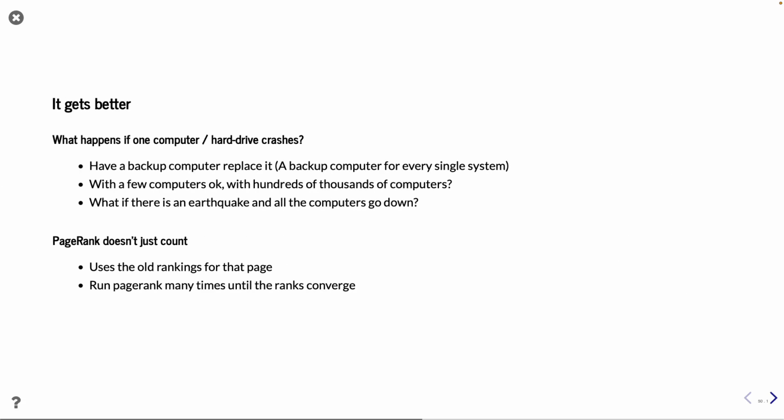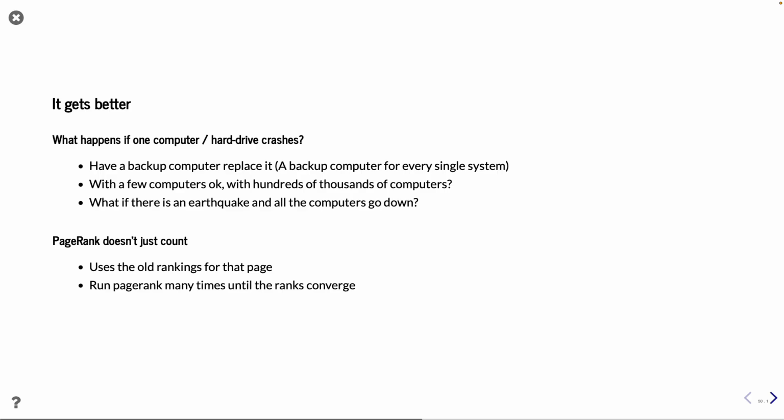So what they do instead, what gets even worse, is that we have again the failure problem, that if one computer or hard drive crashes, then you need to have computers to back it up, but you cannot have full redundancy, so you need to have a plan for that as well. Maybe even a whole computer system goes down due to an earthquake, which could happen around Google because they are just on the San Andreas rift.